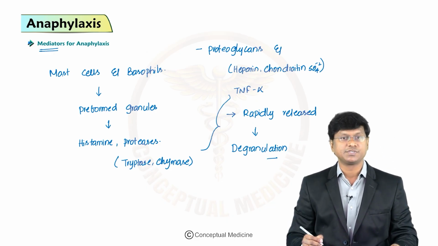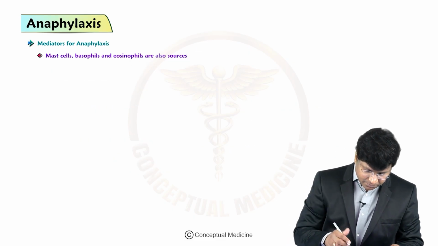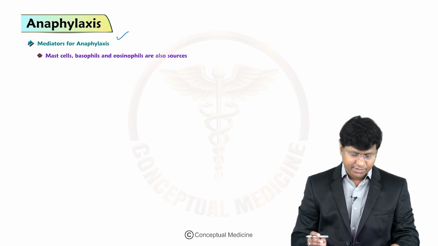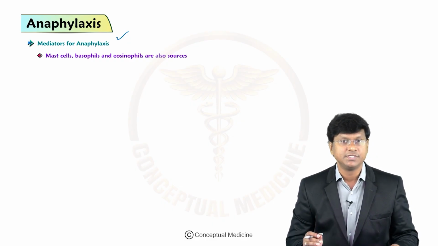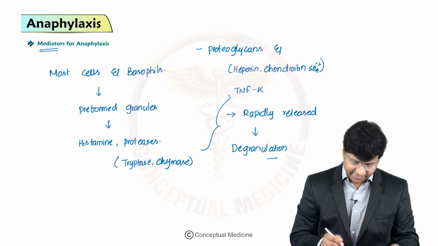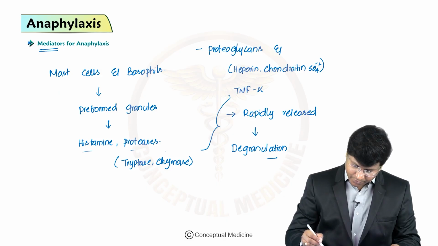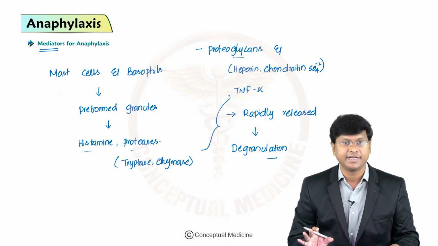So the mediators for anaphylaxis from mast cells, basophils and eosinophils include histamine, proteases and proteoglycans, which are released upon degranulation.